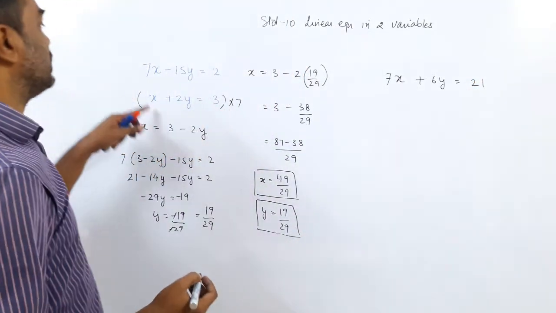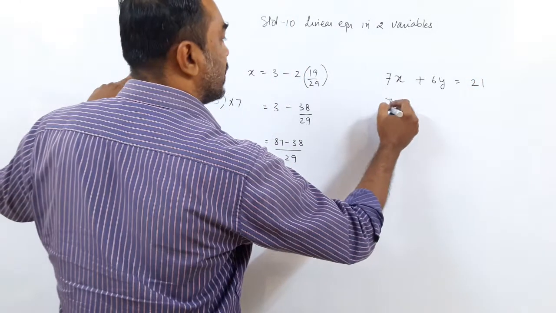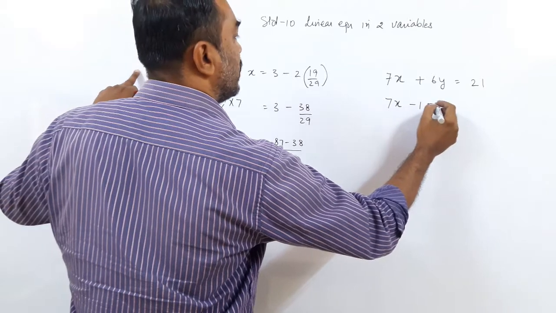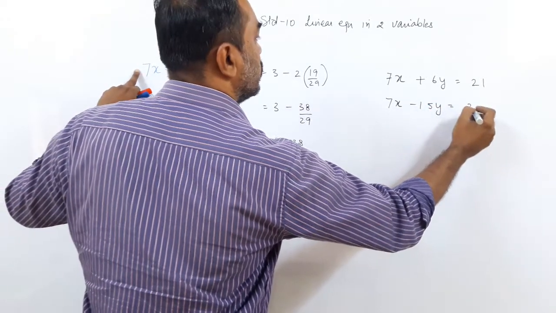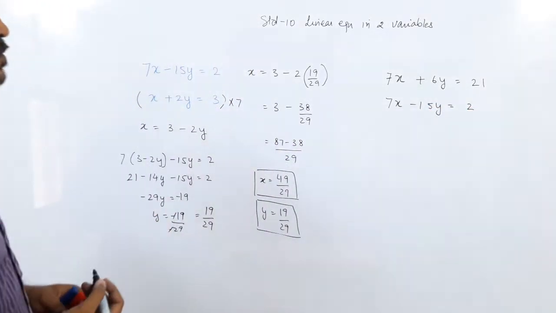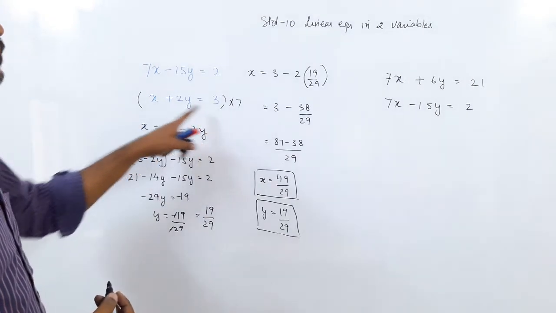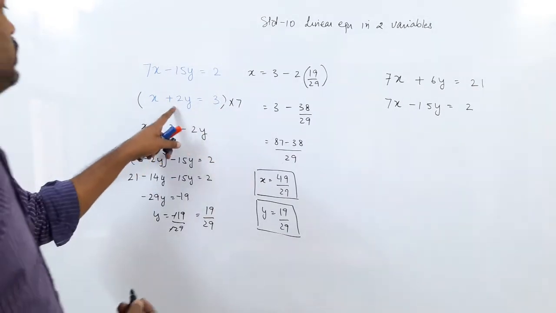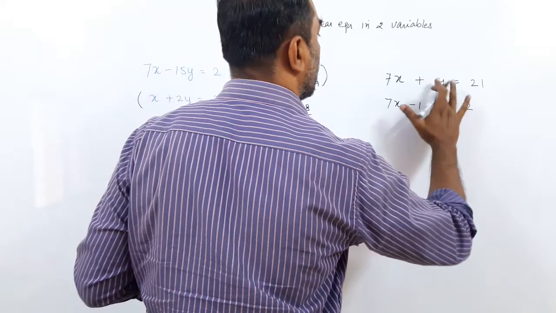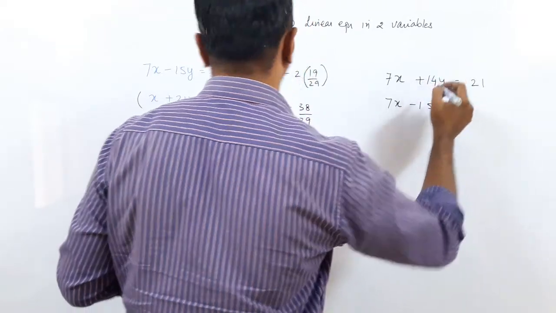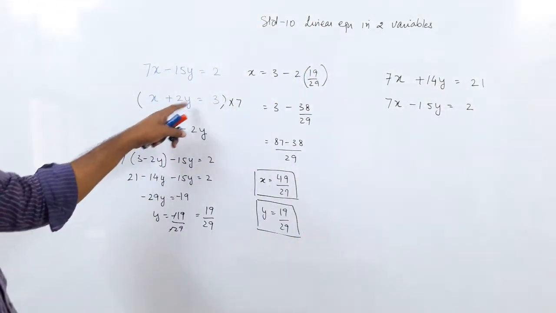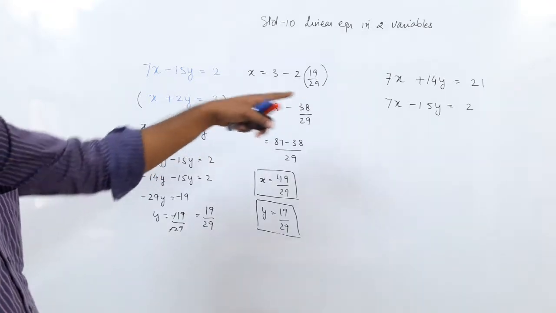So I multiply the equation by 7. And this I'll copy as it is, 7x minus 15y equal to 2.